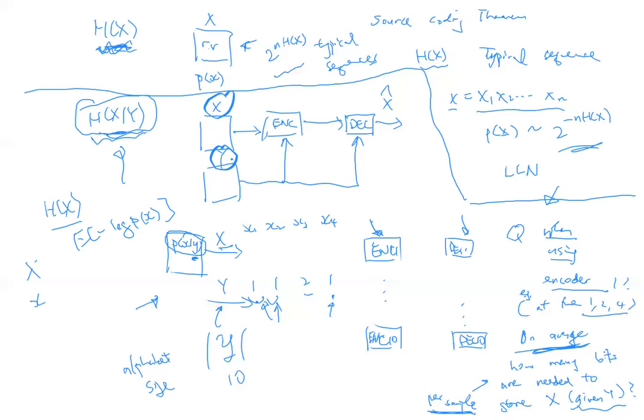Now the scheme, as I mentioned, will be like, for example, we have 10 different outcomes of Y here. So let's say Y can be 1 up to 10. And we will just have 10 encoder-decoder pairs, one for each conditional probability: P of X given Y equal to 1, P of X given Y equal to 2, and so on and so forth.